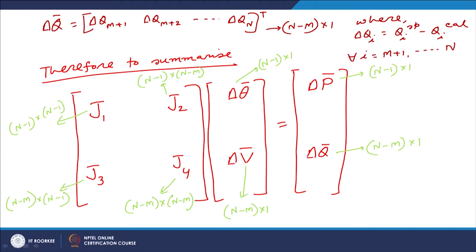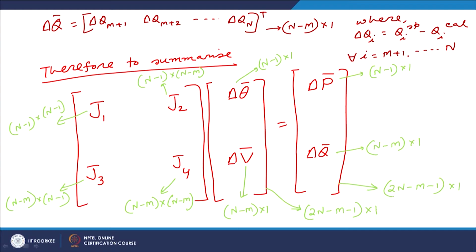So then, this entire vector has got a total dimension of 2n minus m minus 1 cross 1.